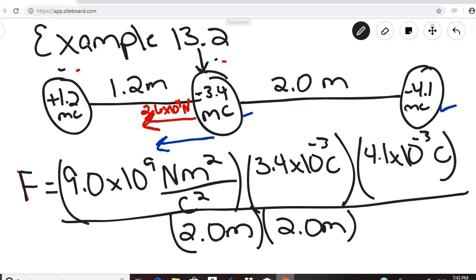We're squaring the R. Meters cancel, coulombs cancel, and F is equal to 3.1 times 10 to the 4 newtons.